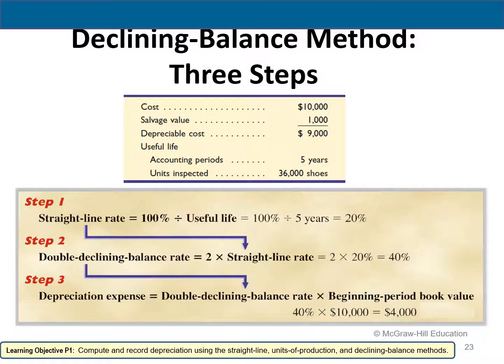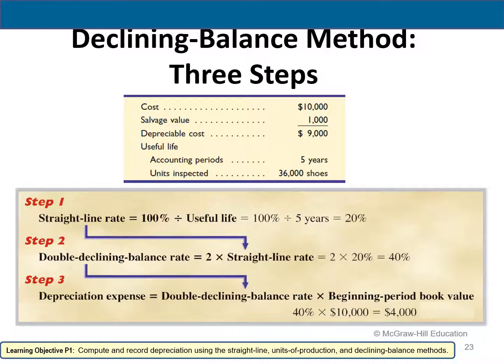All right, and then under double declining balance, there's 3 steps. First, you have to figure out what the straight line rate of depreciation is. So 100% is the total that you're getting to, right? So you just take 100% divided by the useful life. So ultimately, you're depreciating 100% of the net asset, the cost less the salvage value.